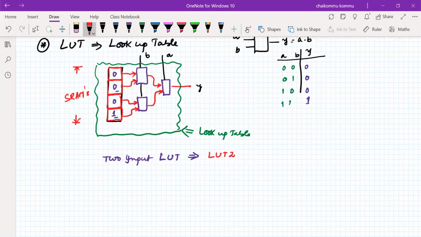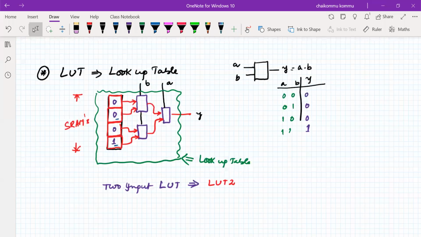LUT2 means lookup table 2, a two-input lookup table. Generally, people will call it LUT2, LUT3, LUT4, something like this. Clear?